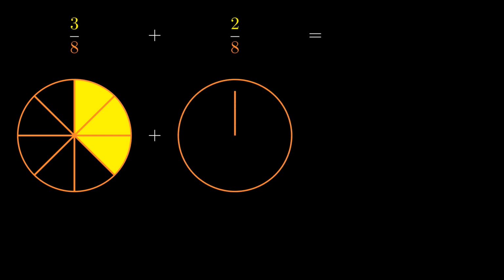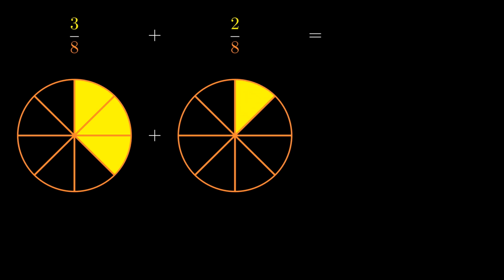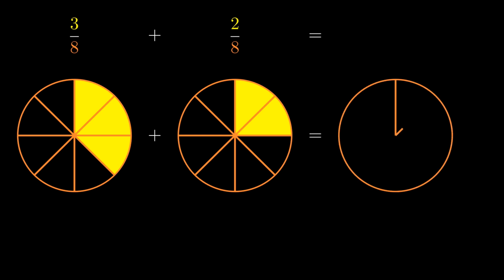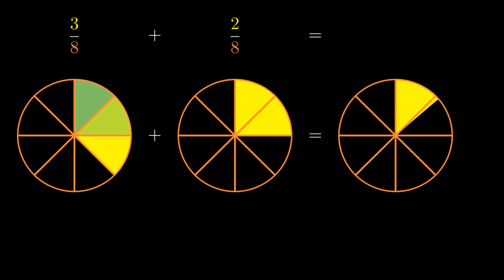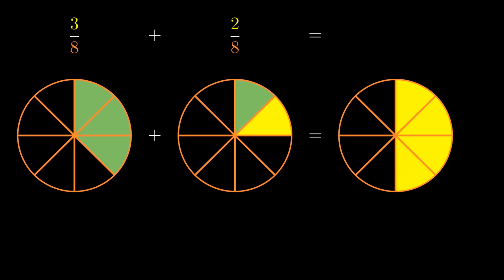Let's now draw another pizza, again split into 8 slices, and then shade 2 of the slices as shown here. And therefore adding the two regions together gives us another pizza split into 8 pieces, and adding gives us 1, 2, 3, 4, 5 slices out of 8.